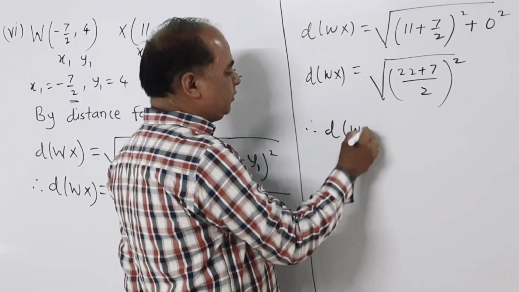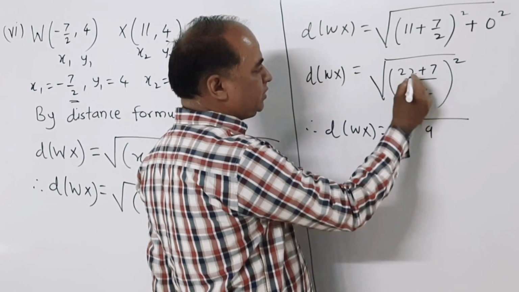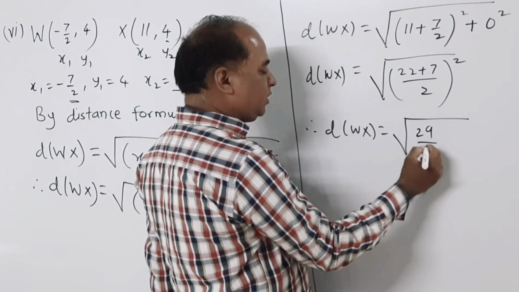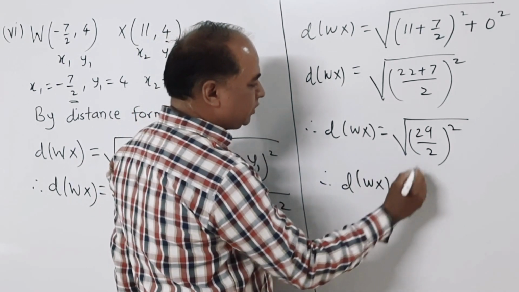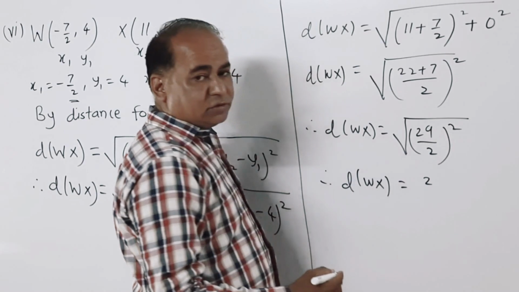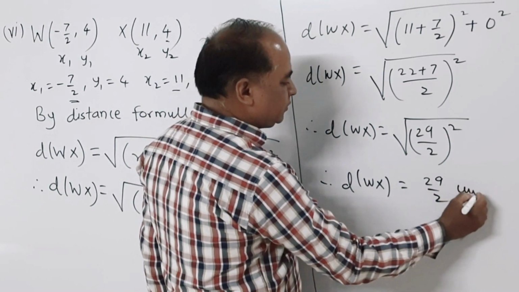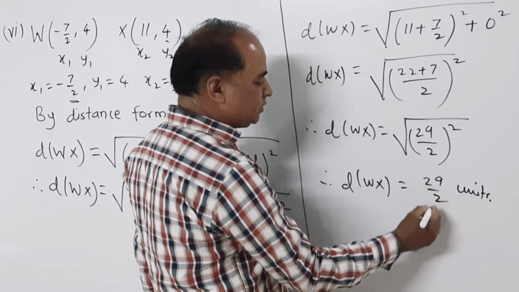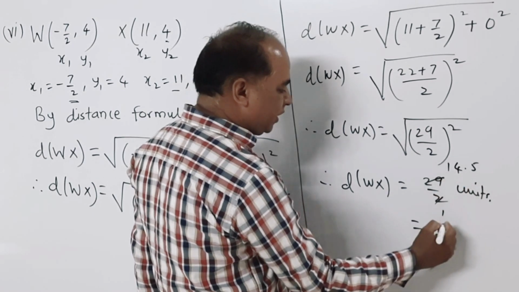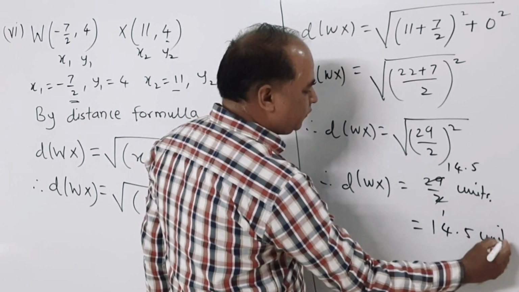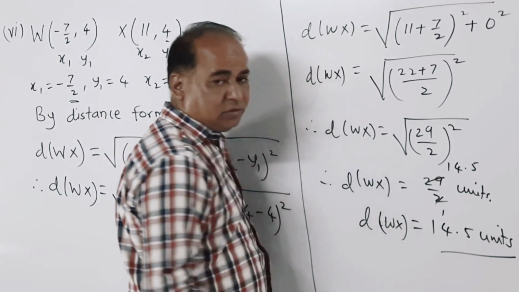Therefore, distance WX is equal to square root of (29 upon 2) square, which is 29 upon 2 units, approximately equal to 14.5 units. Distance WX is equal to 14.5.